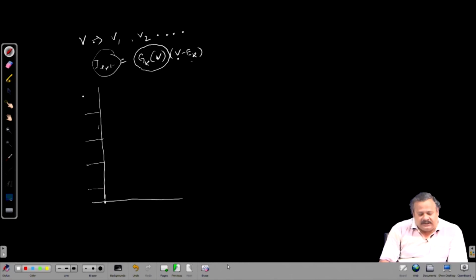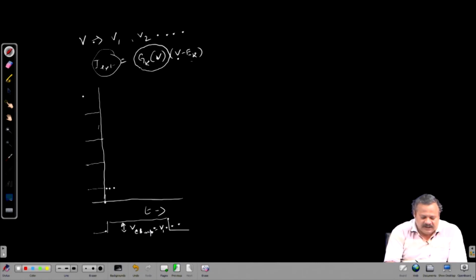So, at the lowest V, this is time, and we are having a clamp for this period, and this value is our V clamp, which is our V1 etc. This case is for V1, this case is for V2 and this case is for Vn.